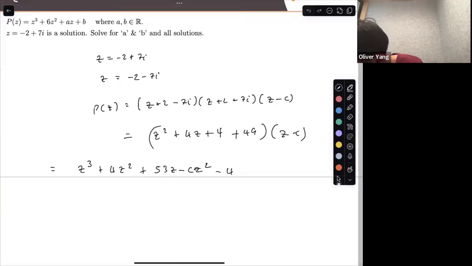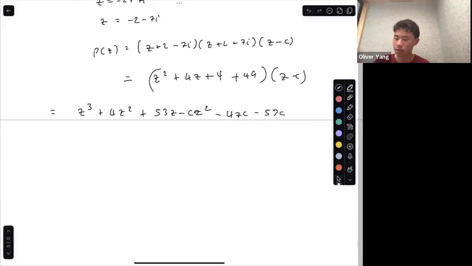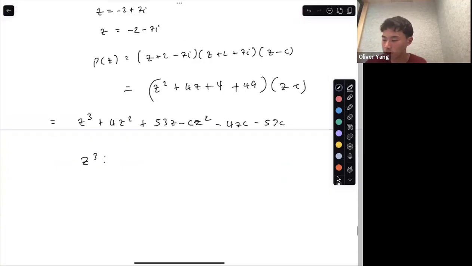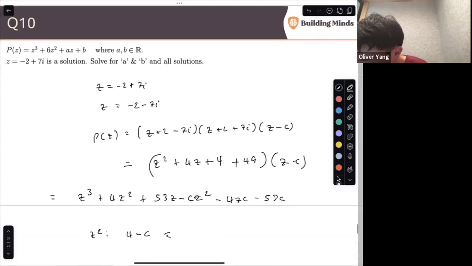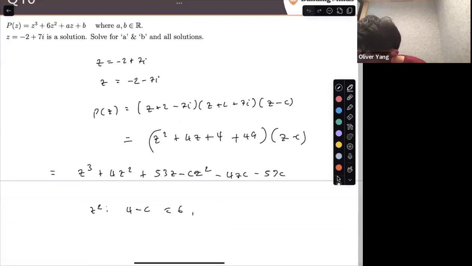Oh, sorry, I forgot the C. Okay. And then we can group these together. We don't really care about Z cubes. So our Z squared component would be 4 minus C, and that should equal 6. Therefore, C equals 2. Right? C equals 2.